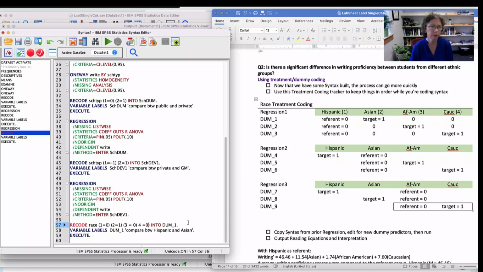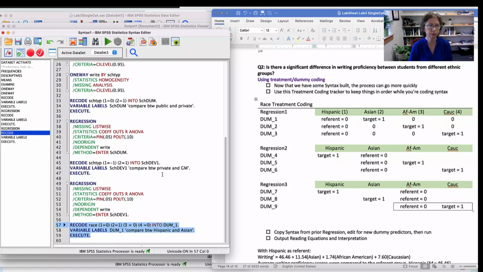It's trying to let me know something's not quite right yet. See that I forgot an opening parenthesis there, and now everything lined up and stopped being so red. So recode race. 1 is going to be my referent, that's Hispanic. 2 is going to be my target for DUM1. And then the other 2 are just going to be zeros.